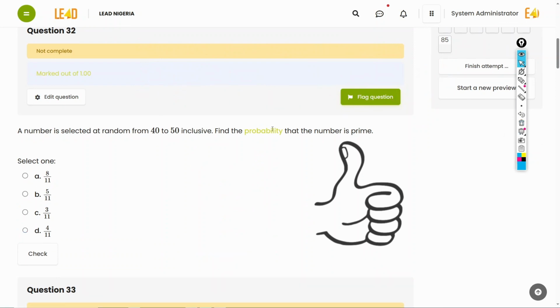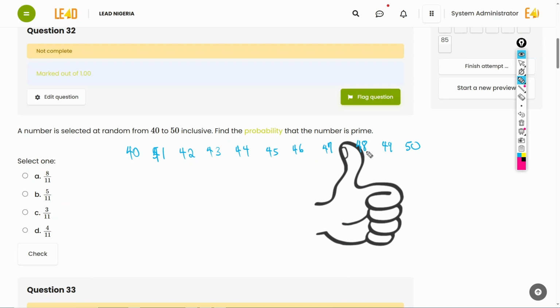All right. So a number is selected at random from 40 to 50 inclusive. That means that 40 and 50 are included. Find the probability that the number is prime. So we have 40, 41, 42, 43, 44, 45, 46, 47, 48, 49, 50.